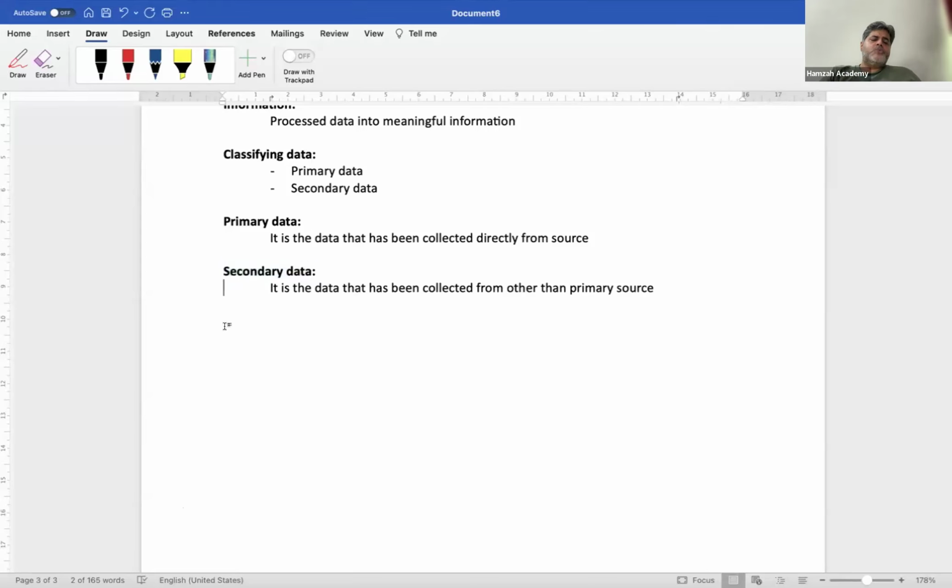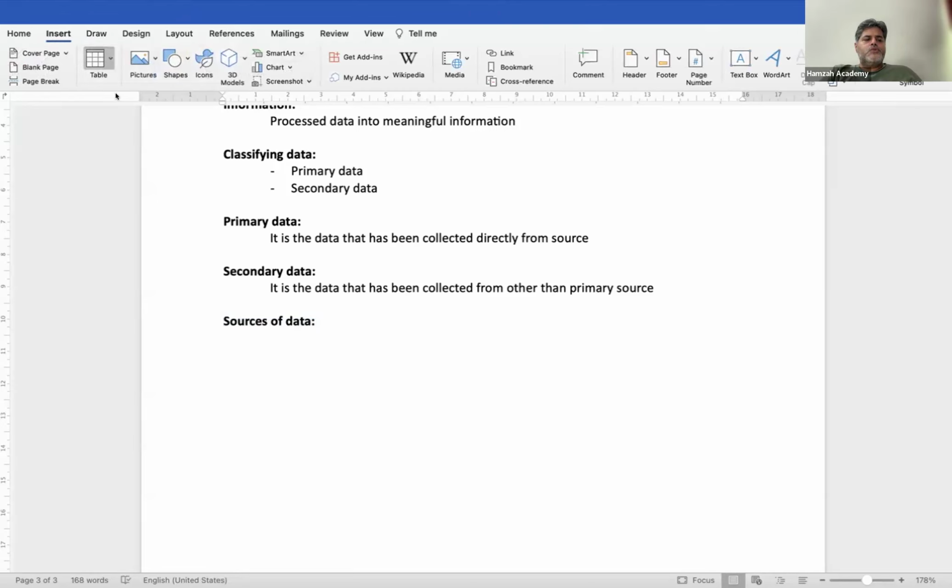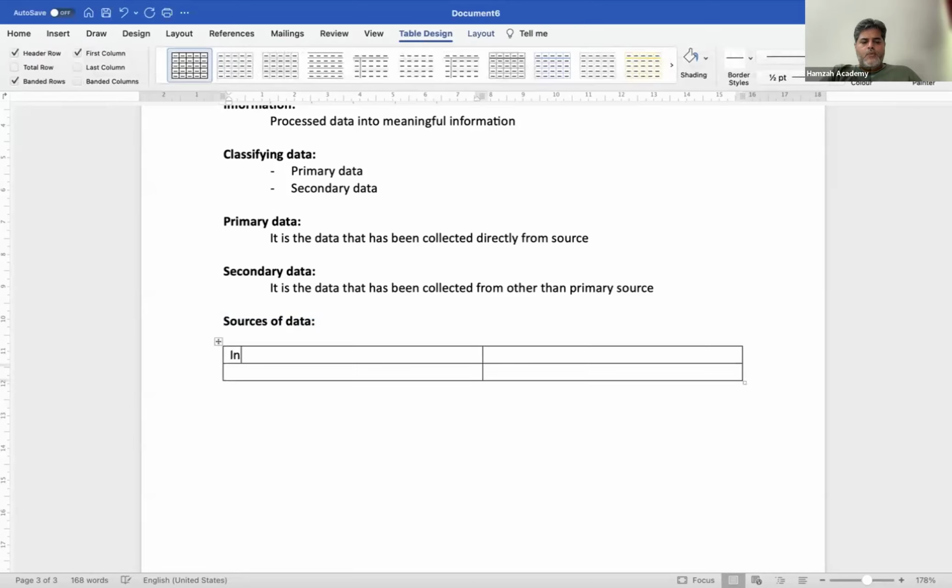Now, as far as the sources of data for the organization are concerned, we have multiple sources of data. One is an internal source and one is an external source.